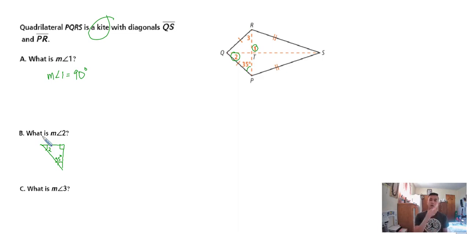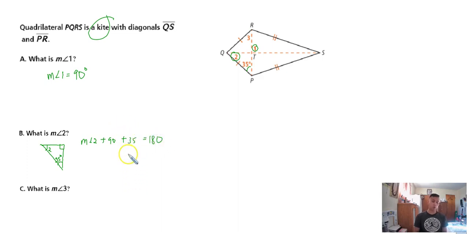And we know that the triangle angle sum states that the sum of the angles of a triangle is equal to 180 degrees. So I'm going to add the measurement of angle 2 plus 90 plus 35 is equal to 180 degrees.